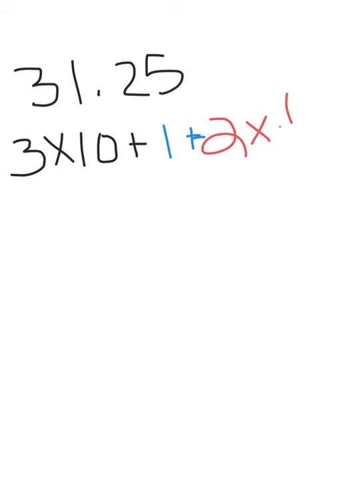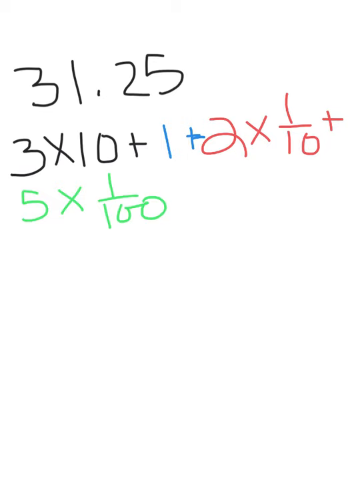If I'm going to write that number in expanded form, since the 3 is worth 3 tens, it would be 3 times 10, plus, I'm going to change the color for you so it's easier to see, we just have a 1 in the ones place, so plus 1, plus, now we have a 2 in the tenths place. So to show that, we're going to do 2 times 1/10, plus, our 5 is in the hundredths place, so we're going to do 5 times 1/100.